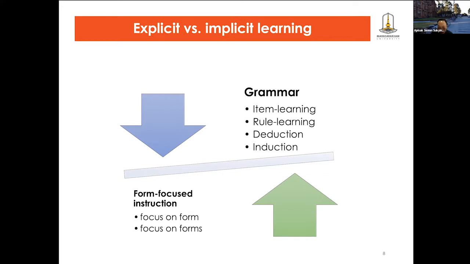Let's see this one. For example, sing: you sing a song, and then we sang a song. That's the irregular verb. Ring: the phone rings, and then the phone rang. That's an example of item learning, where learners memorize specific grammar features or structures.